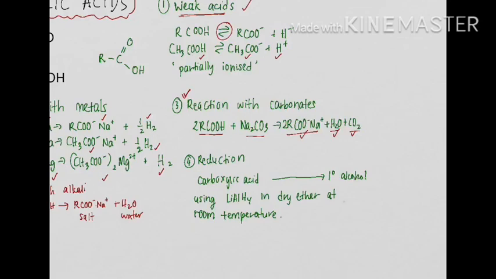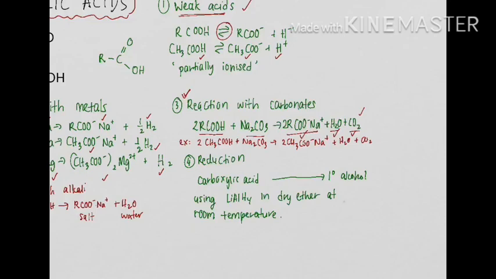For example, 2CH3COOH reacting with sodium carbonate gives 2CH3COO- Na+ plus water and carbon dioxide. To find out what happens in the reaction with carbonates, a gas that turns lime water cloudy will be released.